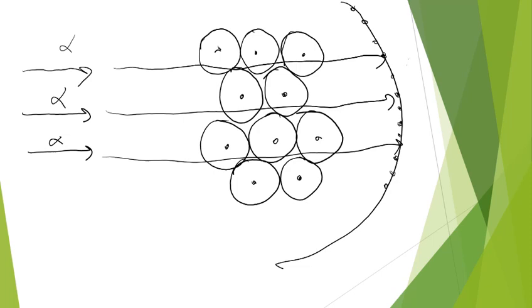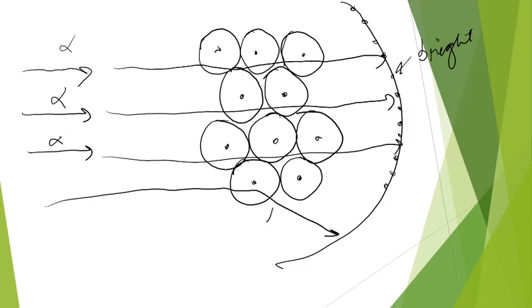This showed that most of the alpha particles move undeviated, they didn't get deflected. Very few of the alpha particles got deflected through small angles.